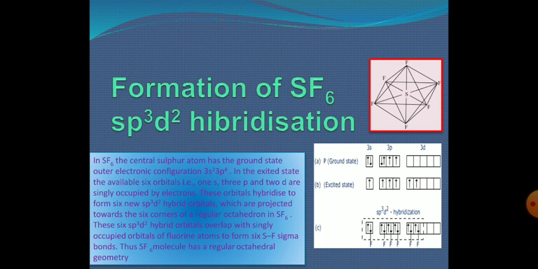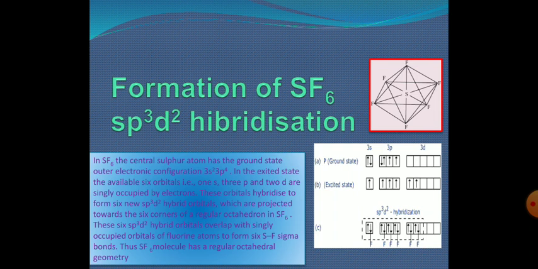There are many examples in your textbook and in your NEET, JEE and CET notes. You will get a number of examples. This is the molecule shown in the slide, the formation of SF6.